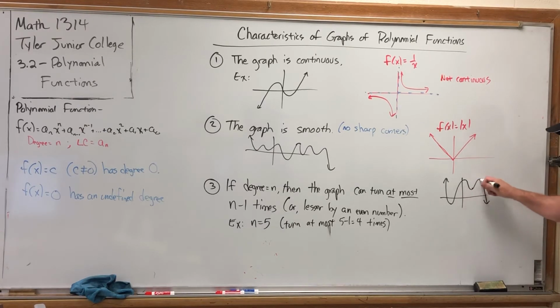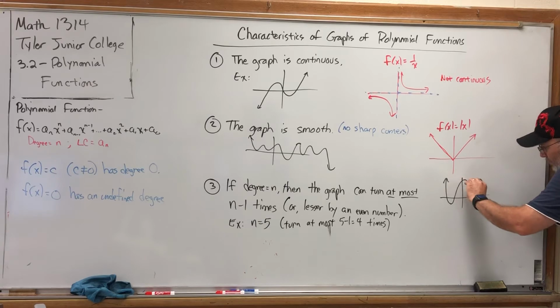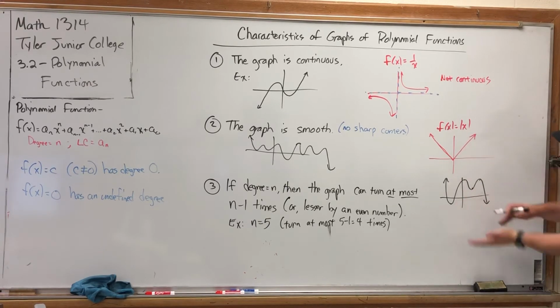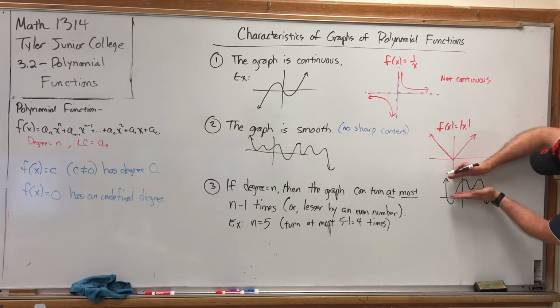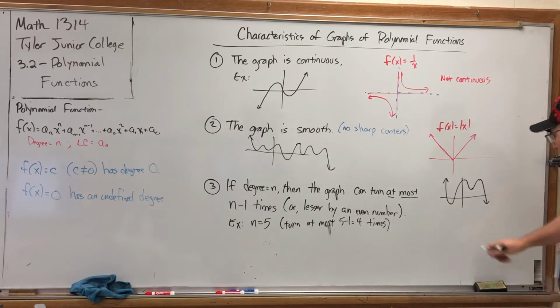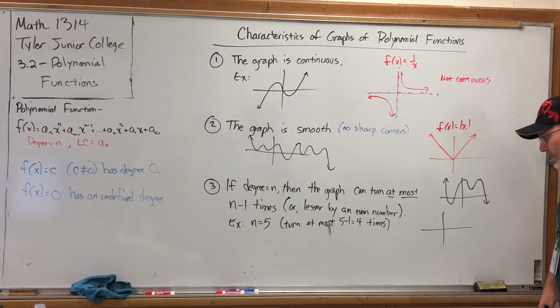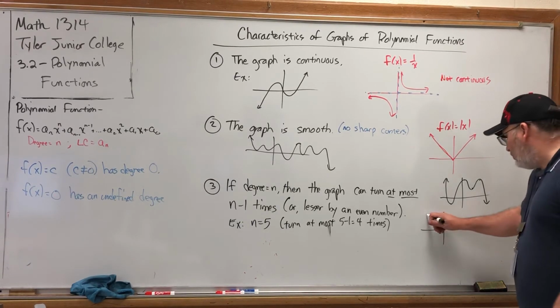Now that lesser by an even number is basically because you can compress part of the graph so that one of the high and low points flatten out and it's no longer either. So for example, imagine that we kind of go squish right here and we lose both of this high and this low point. So it could turn 4 times, or it could turn 4 minus an even number, like 4 minus 2. 4 minus 2 is 2.